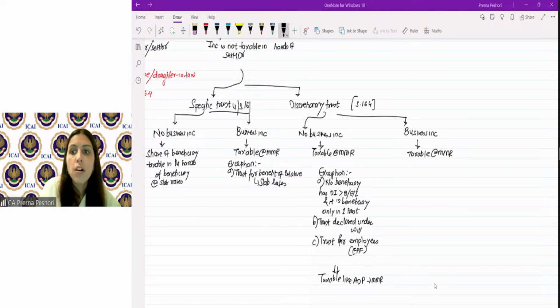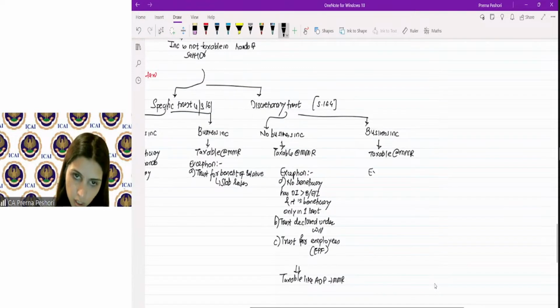Fine. Here also, again, there is an exception. The exception is that if the trust is declared by will or it is for the dependent relative.